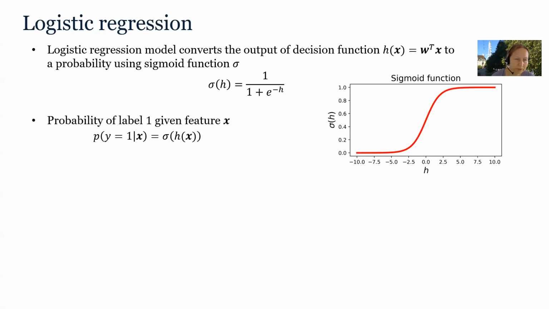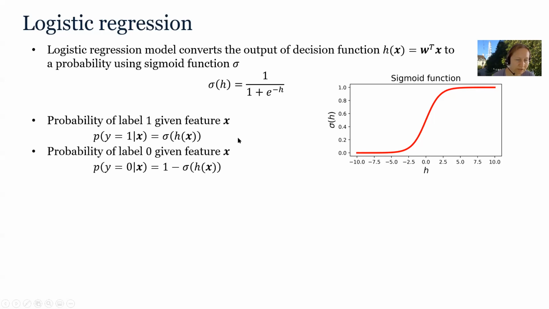So the probability of label 1 given feature x will be assigned the output of the sigmoid function after it's been applied to the decision function. And because the probabilities have to add up to 1, the probability of label 0 given feature x will be assigned 1 minus the sigmoid of the decision function.